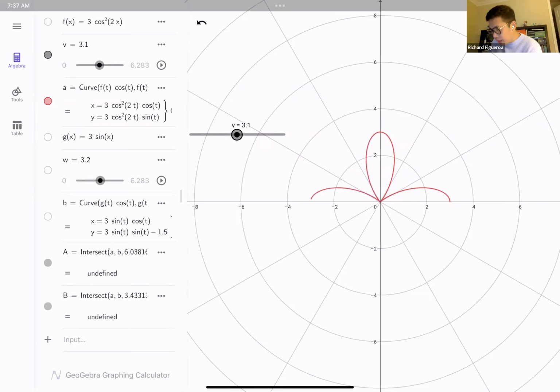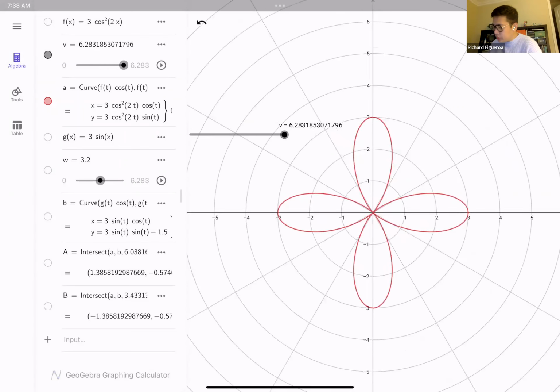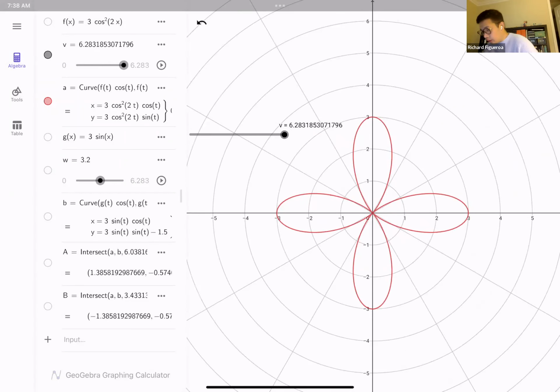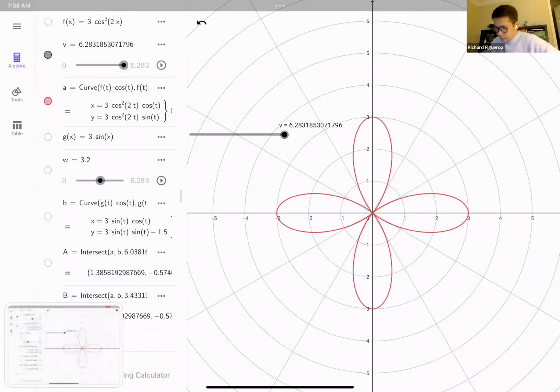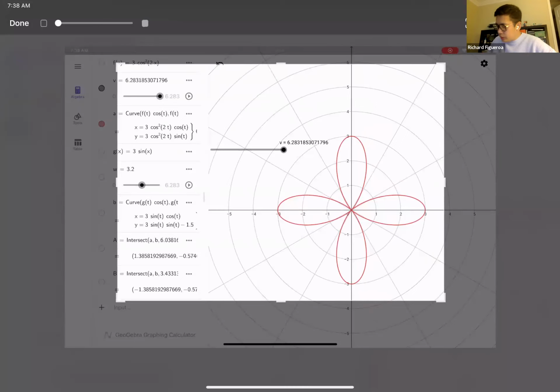Then sa 180, so babalik siya sa 3. And so on and so forth, until it will reach the 360 degrees. So making it a rose curve, it's a 4-petal rose curve.